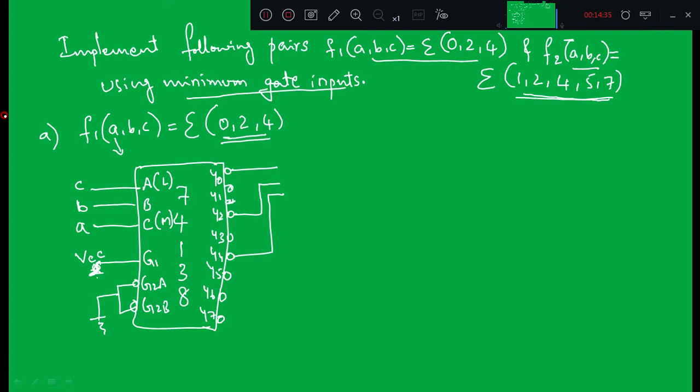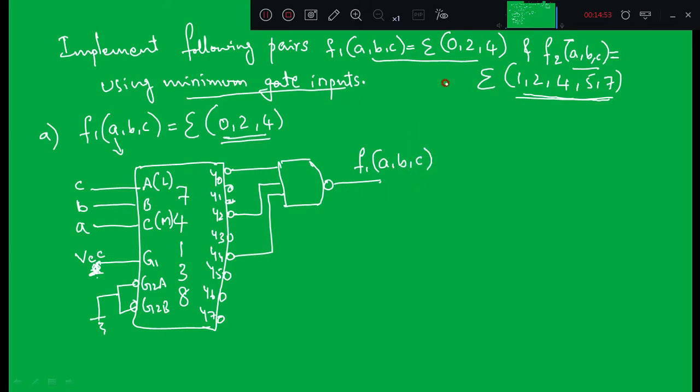Just refer back to the previous problems. For summation, we need to use a 3 input NAND gate. So this is f1 of a, b, c.